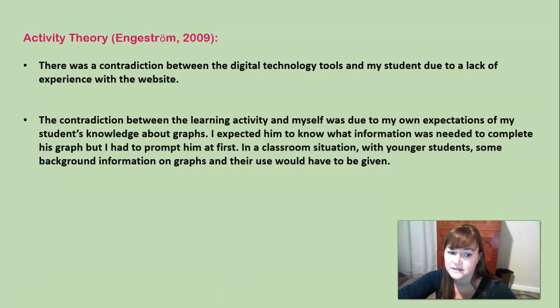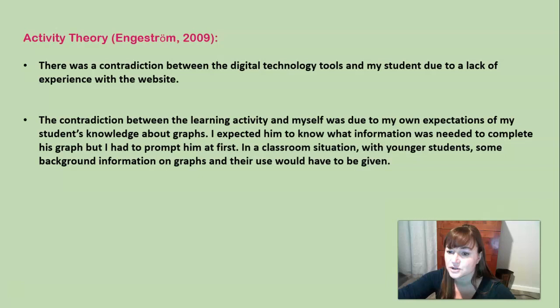When applying the activity theory, I identified a contradiction between the student and the digital technology tools. Initially, my student had difficulty using the website, as it was not something he had used before. But after some time, he became more confident and was able to make an accurate graph that was easy to analyze. The contradiction between the learning activity and myself was due to my own expectations of my student's knowledge about graphs.